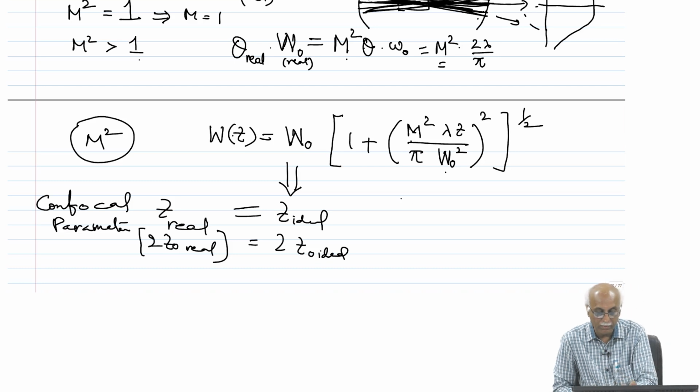What is the confocal parameter? Already we described it, isn't it? It is 2 times Z R, that is 2 times pi W0 square by lambda, for the ideal case.